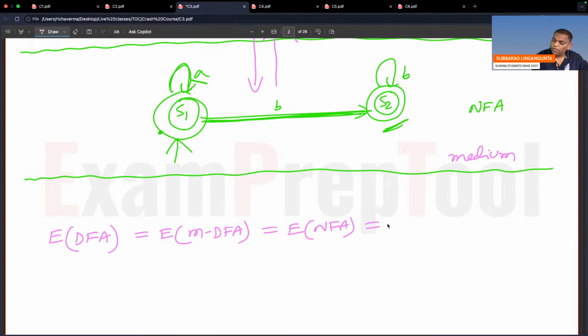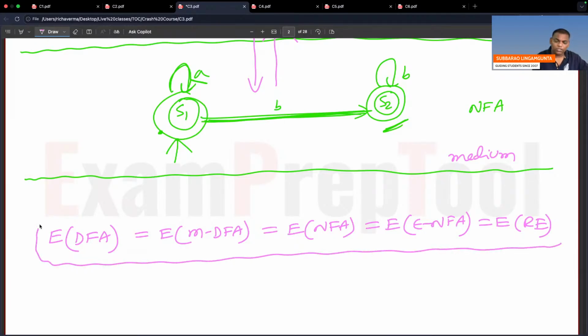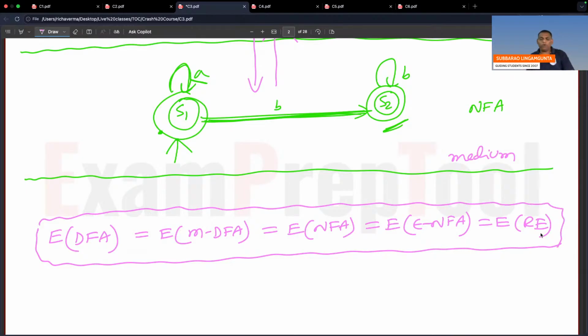Expressive power of epsilon NFA. Next one, expressive power of regular expression. All same, all having same power. Different ways of representation. Please be careful. All are having same power.